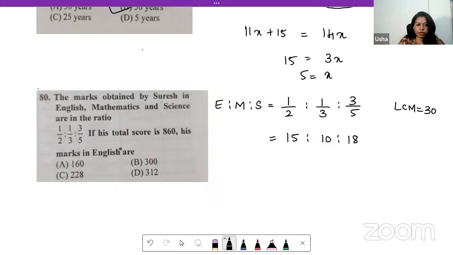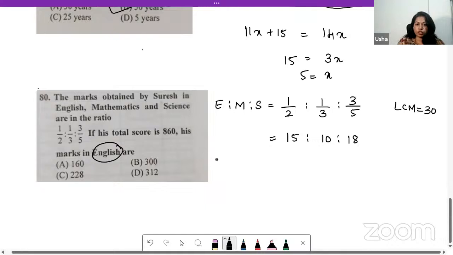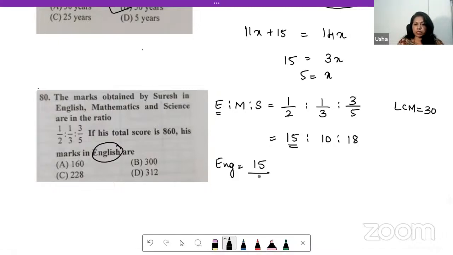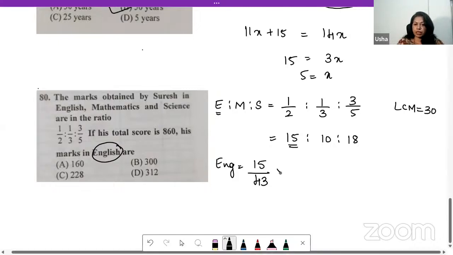Now we are supposed to find out English marks. So how much is English marks? English number is 15 here. 15 upon the total of all these three numbers, which is 15 plus 18 is 33 plus 10 is 43, into the total score 860.